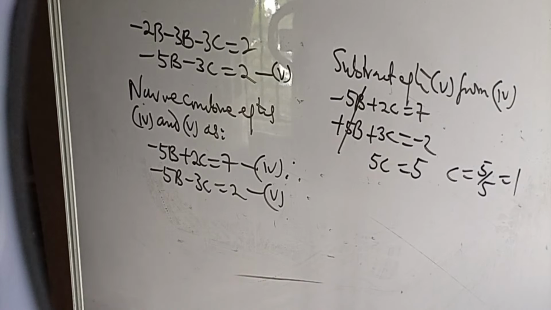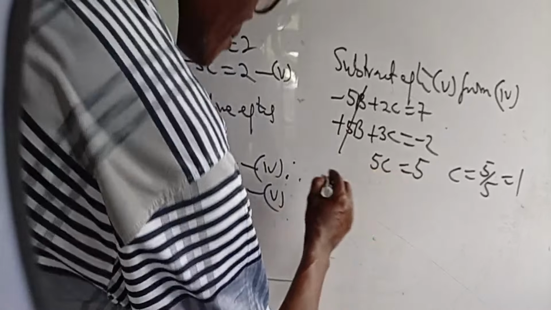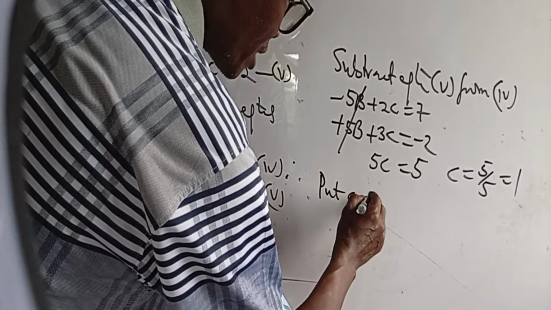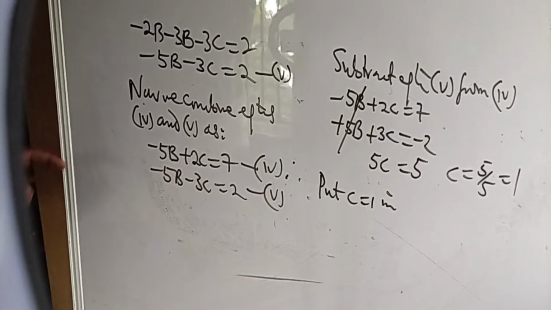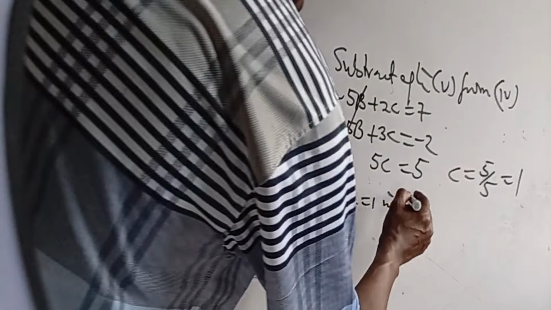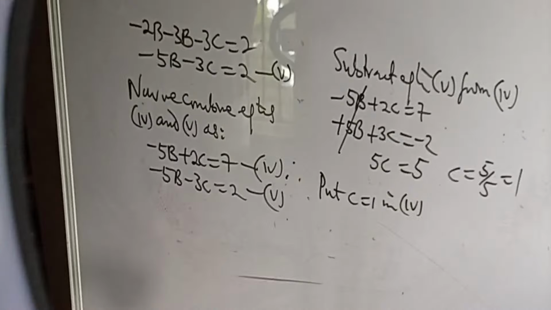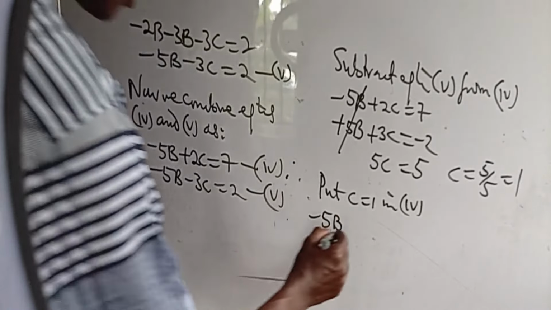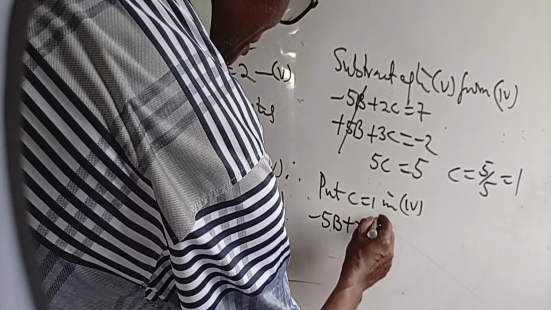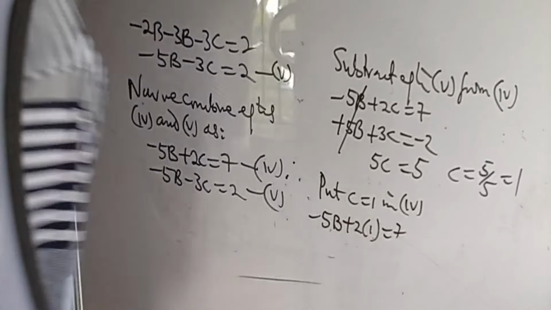Now, how do we get b? Put c equals 1 in either equation 4 or 5. Say equation 4, if you like. Minus 5b plus 2 times 1 equals 7.